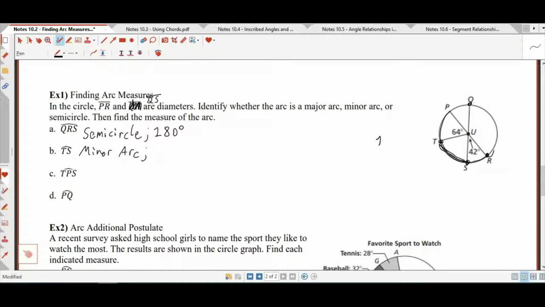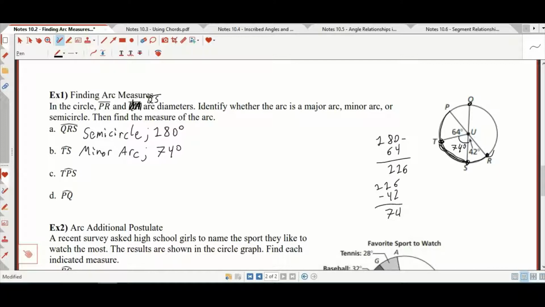So to find TS, we can do 180 minus 64, because that's the measure of arc PT, that is 116, from which we are going to take 42 degrees, because that's the measure of SR, and that's 74, which means that this measure is 74 degrees. Arc TS is 74 degrees in measure.